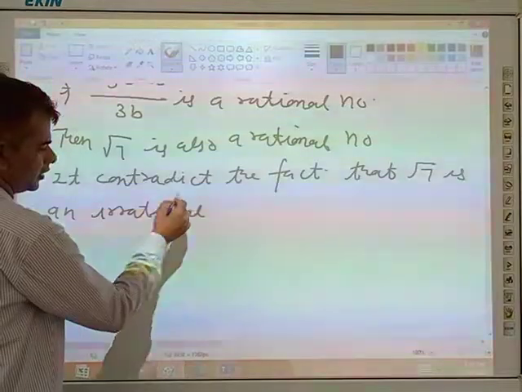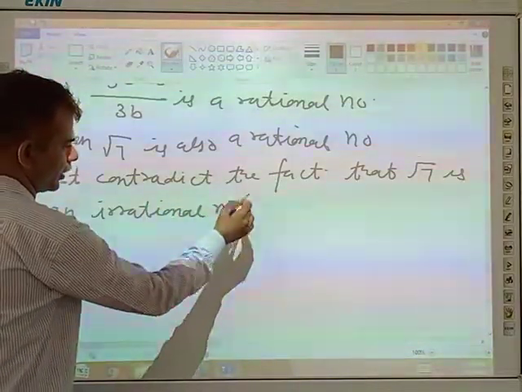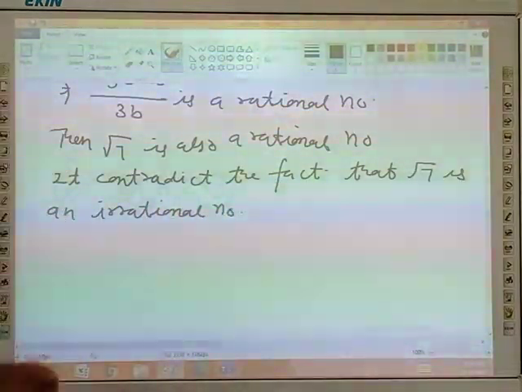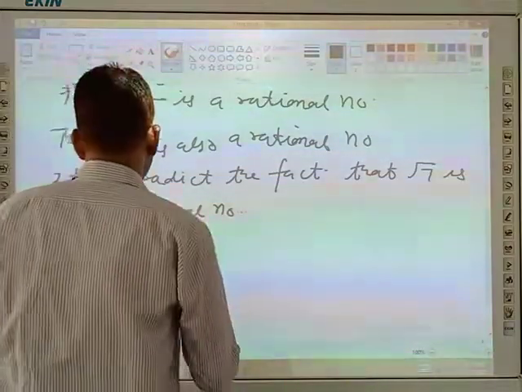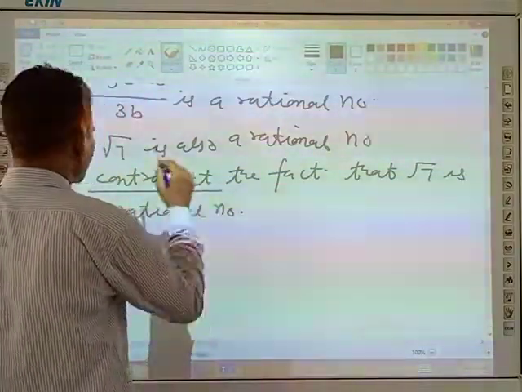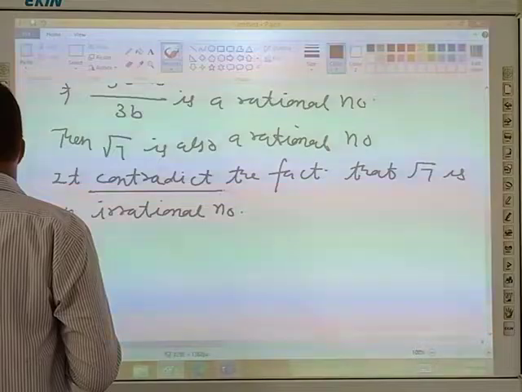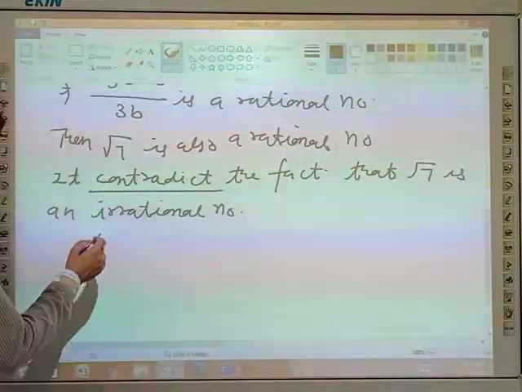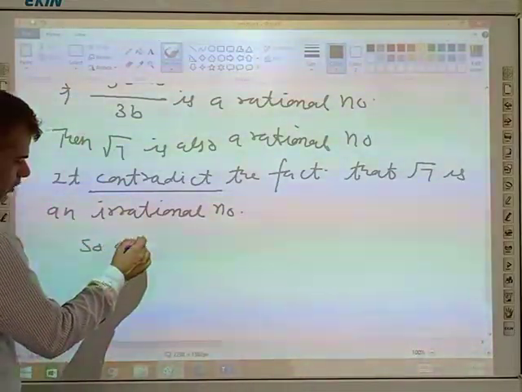The fact is that root 7 is an irrational number, in which there is a contradiction. If there is a contradiction, it means our assumption is wrong.